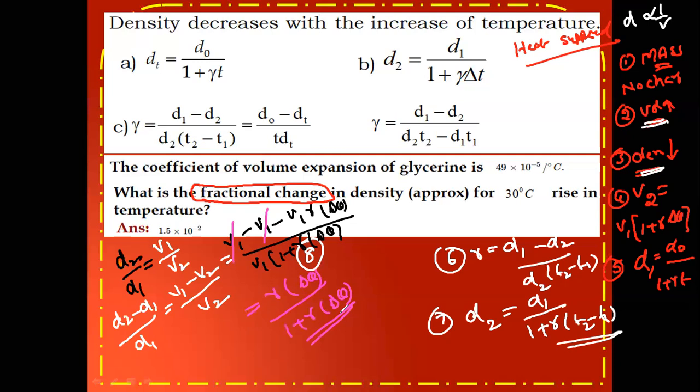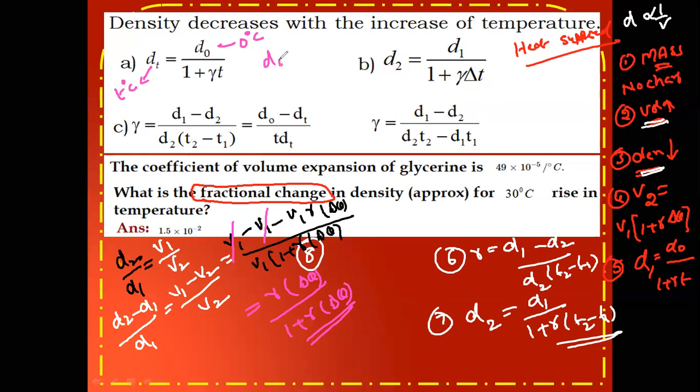Everything is very easy only. The calculation part we have to keep in mind; the calculation part is very important. So these are the formulae we have to keep in mind. At 0 degrees Celsius, d0 means the density at 0 degrees Celsius, and this is the density at a higher temperature.